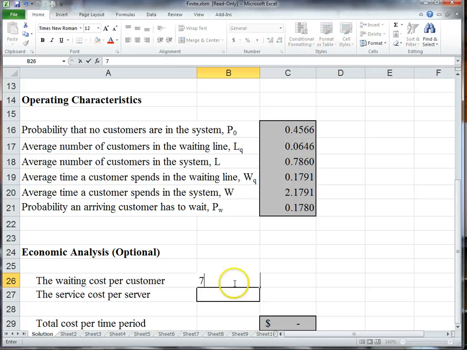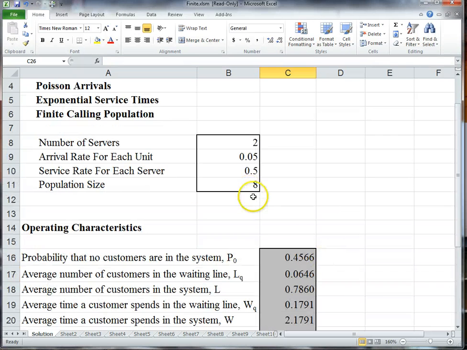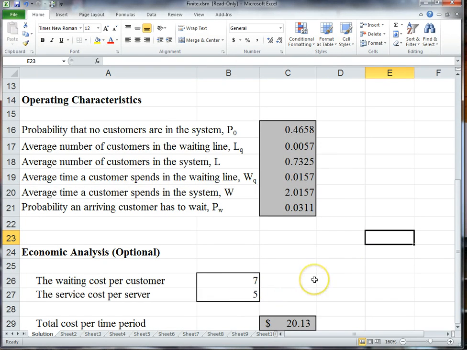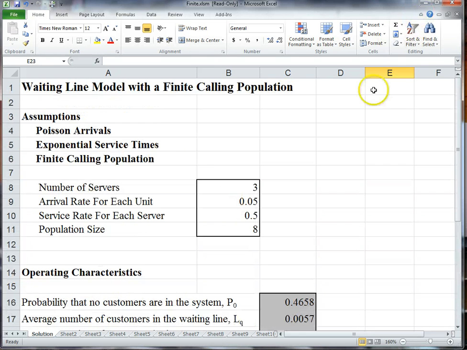If I have any values here for service and cost, I have this one here. And in this case, if I have 3 servers now, you can see that's how it's going to change my cost also, because now I have each server cost $5, and all the performance measures change. Okay, one more.